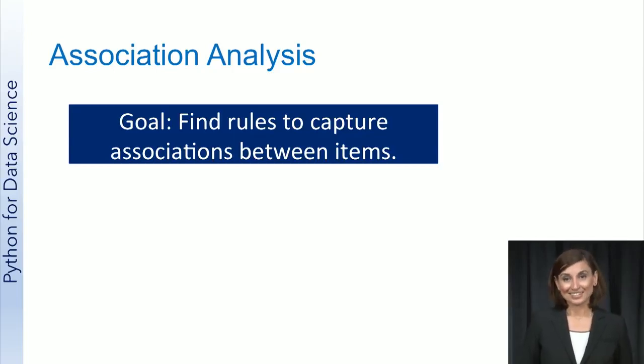Next is association analysis. The goal here is to come up with a set of rules to capture associations between items or events. The rules are used to determine when items or events occur together. A common application of association analysis is known as market basket analysis, which is used to understand customer purchasing behavior.